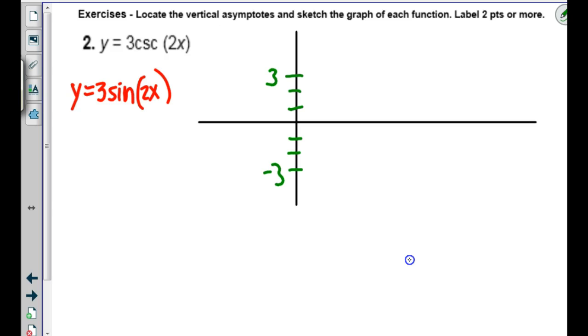So just graph a sine graph. Keep going a little further. Okay. Do it dotted maybe, because this isn't really the graph we want to graph. You're doing fine.